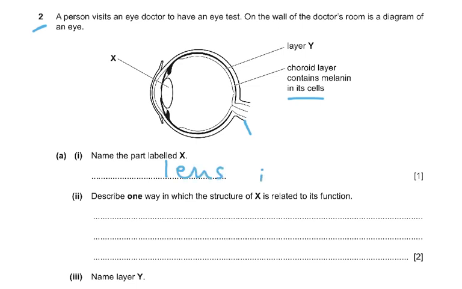There's only one mark for that. There's no other point you could have written for that. Describe one way in which the structure of X is related to its function. Now, there are two possible answers. Either you wrote that it is transparent, and so it allows light to pass through.